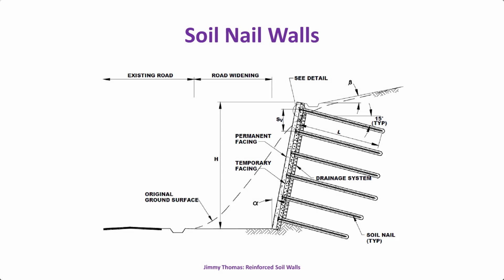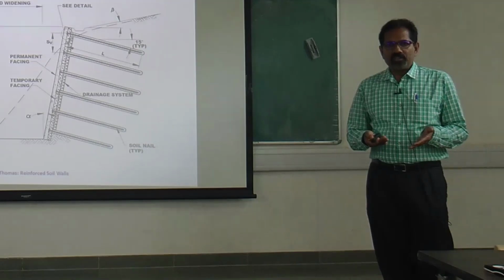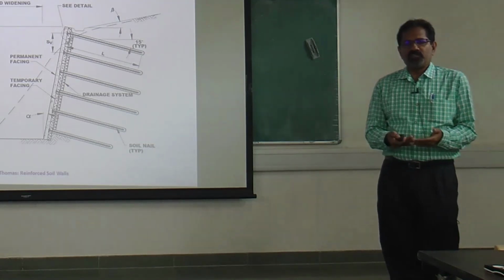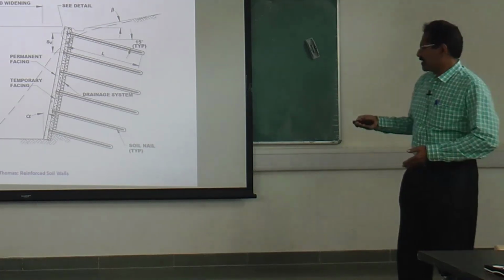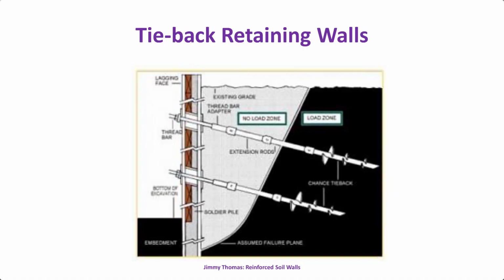Then we have soil nail walls, where we are inserting the reinforcement into the existing ground, mostly to stabilize an existing slope or to make an excavation. Also, we have tie-back retaining walls. These tie-backs are similar to soil nails, inserted into the existing ground.